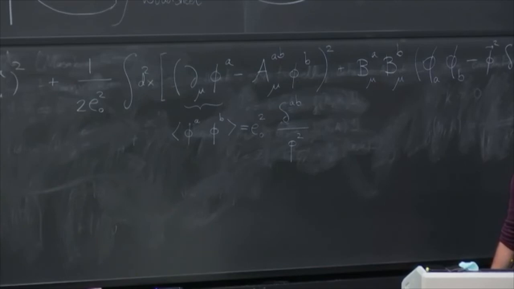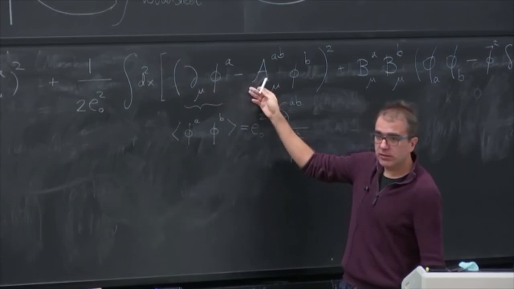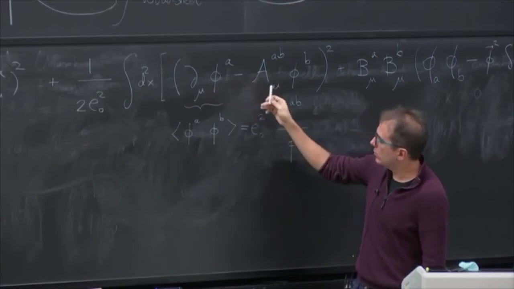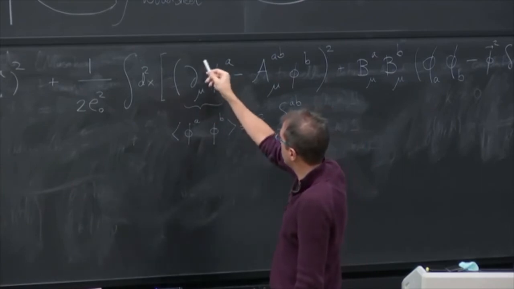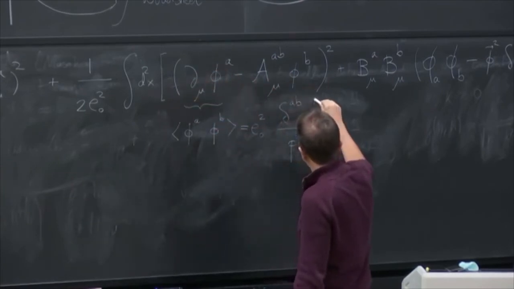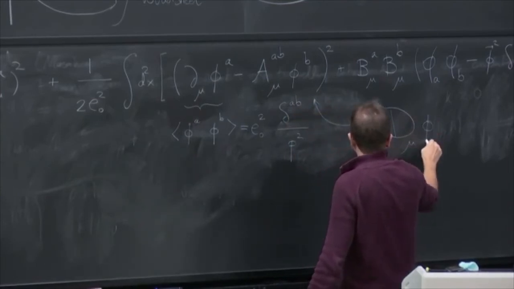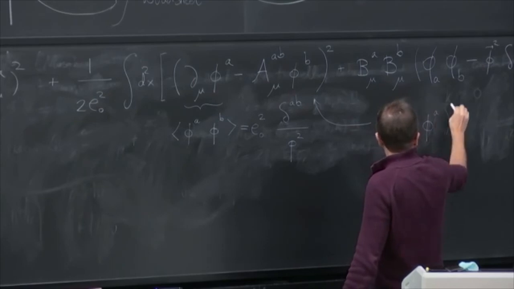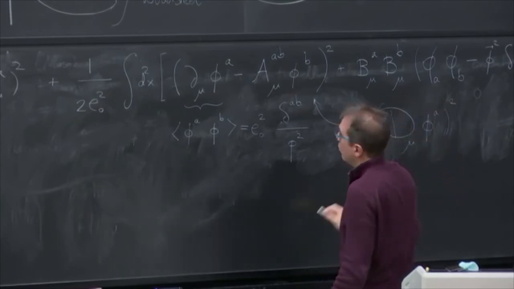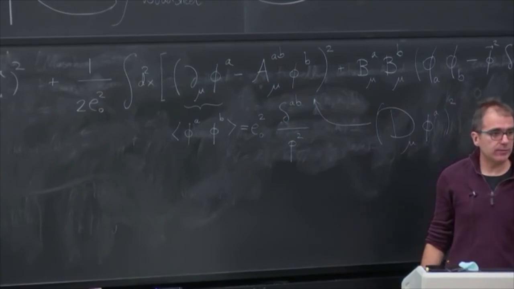Correct? Now, this is when you ignore this gauge connection. So with the gauge connection, this is the propagator following from box phi. But here, what you have in these parentheses is something like a covariant derivative of my field phi A squared. And so you would also have interactions with this field A. Okay?